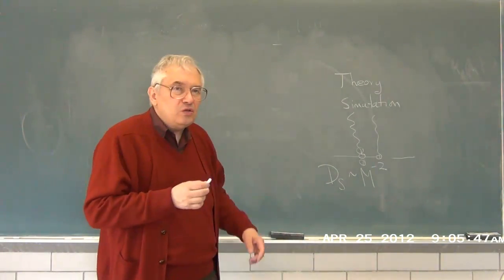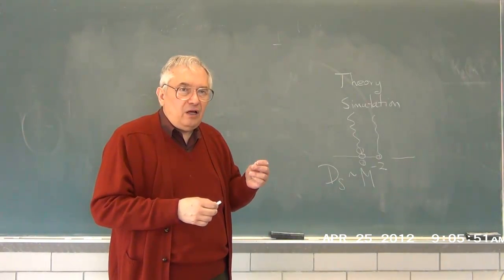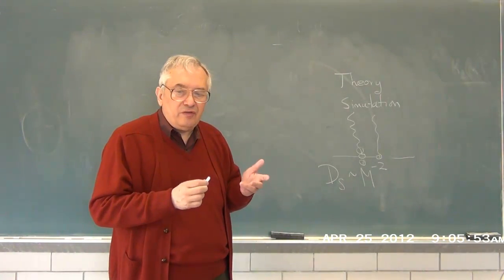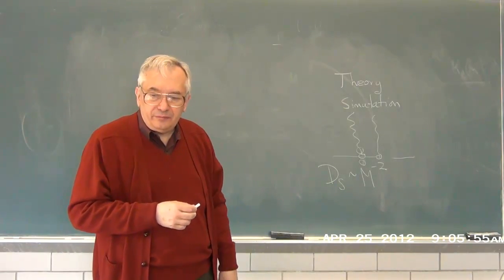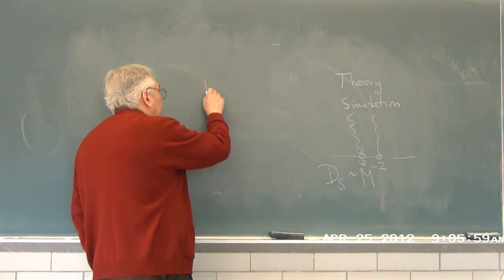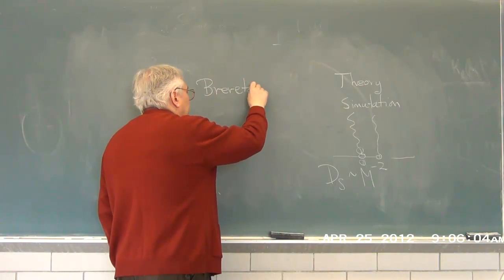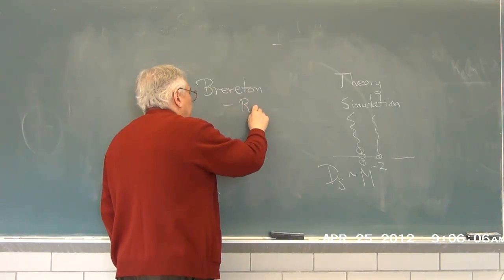One may propose that what reptation is saying is that you actually have some general feature of constrained motion. There is what appears to be a significant calculation by Brereton and Rayleigh.